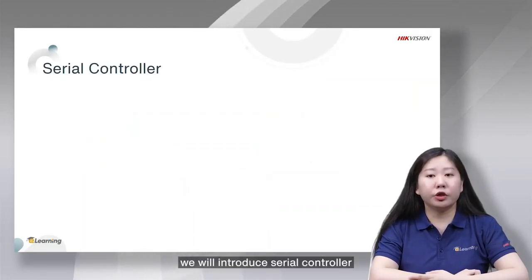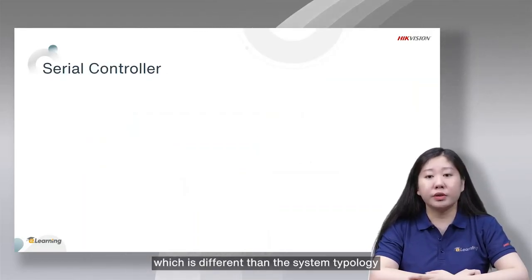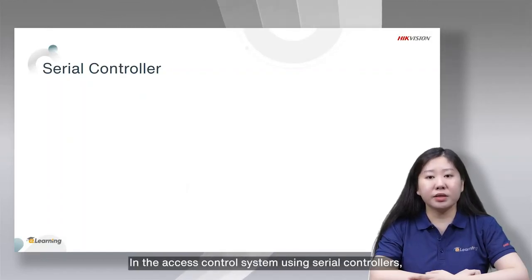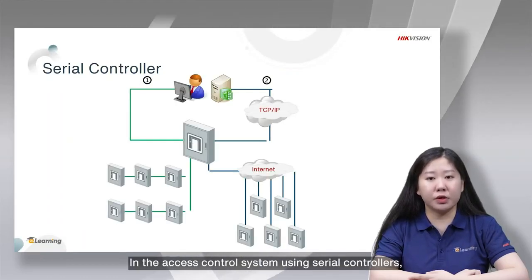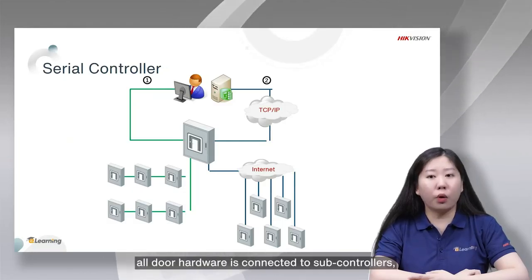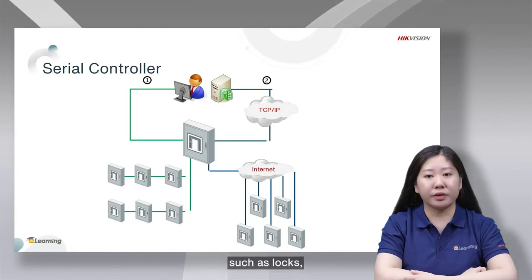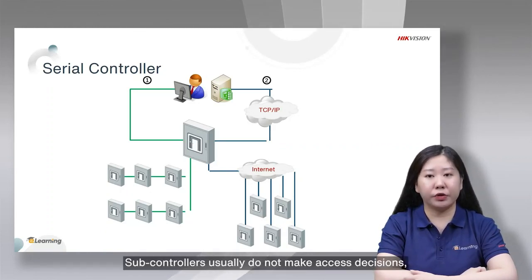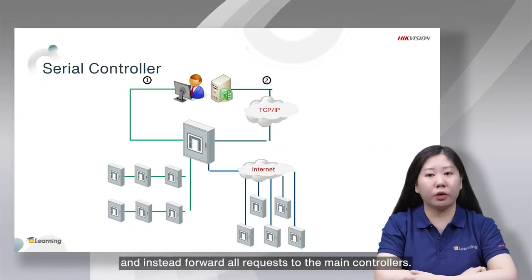Next, we will introduce serial controller, which is different than the system topology with one controller. In the access control system using serial controllers, all door hardware is connected to subcontrollers, such as locks, exit buttons, and readers. Subcontrollers usually do not make access decisions and instead forward all requests to the main controllers.